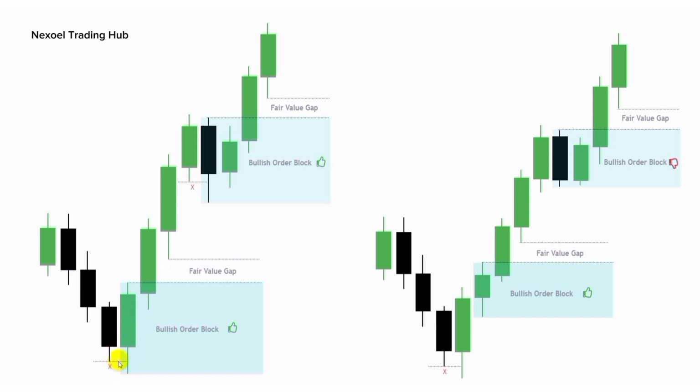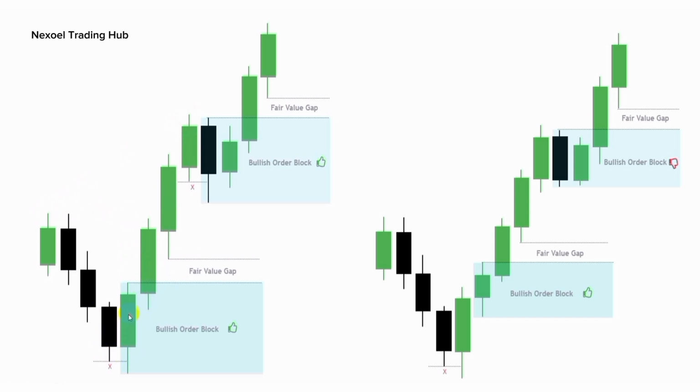So now what we can see is this is the ideal order block. This is the last bearish candle that sponsored the bullish move to the upside that took out this swing high. And you can also see we have the fair value gap. But what you're going to notice is that this is actually the last down close candle before the bullish move.